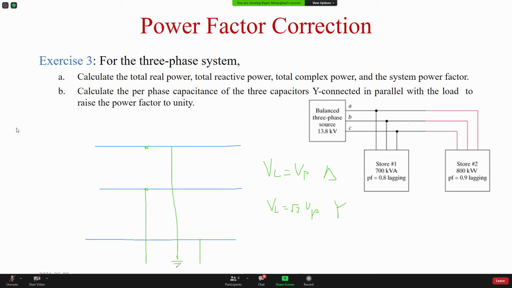Connect them in Y. That's Y connection here. This is Y connection. Now because it's Y connection, the phase voltage that we're going to use at the end is V line divided by square root of 3.